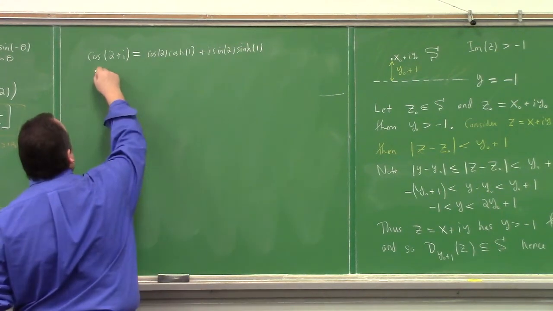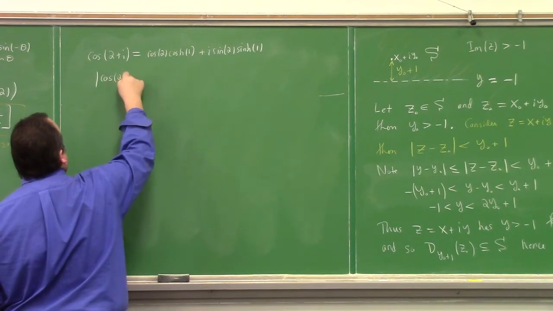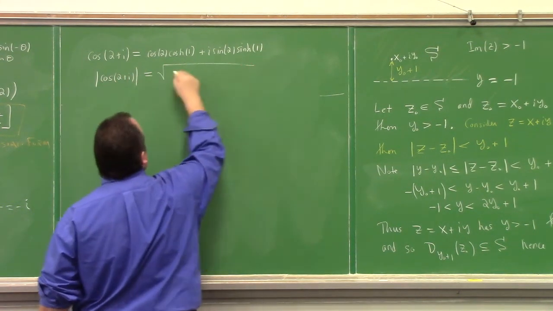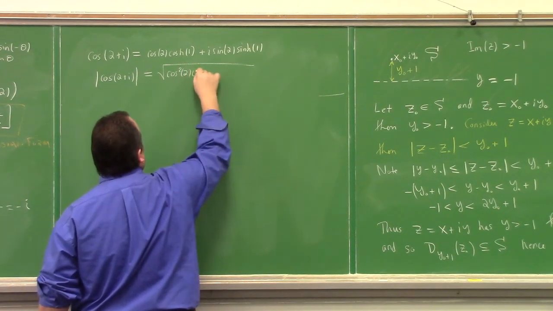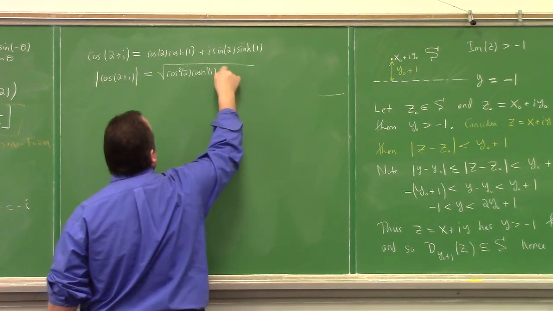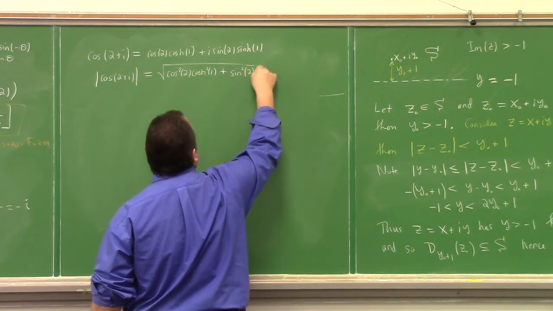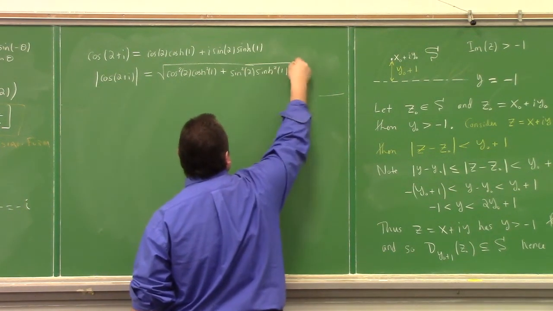So the modulus of it is the square root of cosine squared 2 cosh squared 1 plus sine squared 2 sinh squared 1. That may or may not simplify. I don't really care.